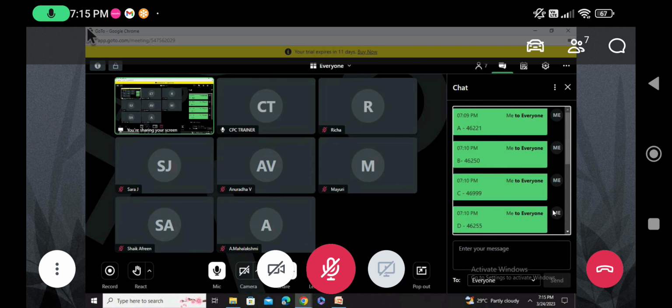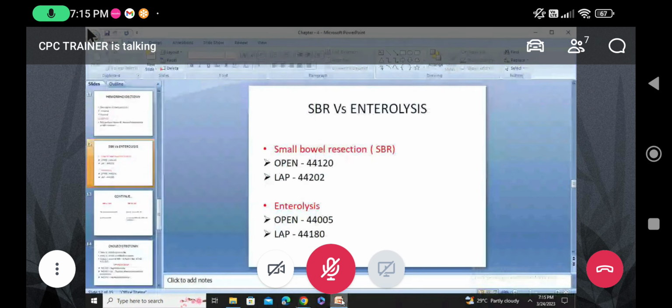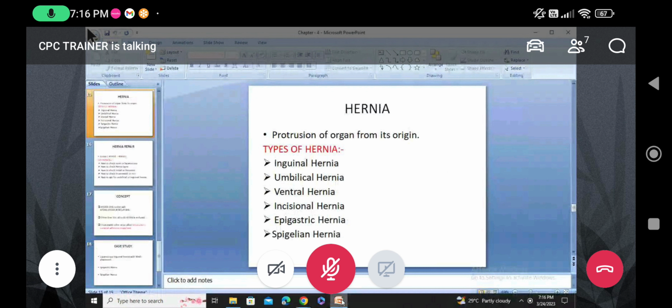So next we have two major topics. One is the hernia, another one is the endoscopic procedure. So now we have to discuss the hernia, guys. So please note down, hernia means protrusion of an organ from its origin.